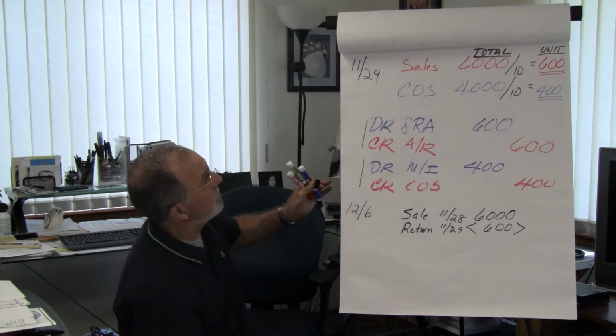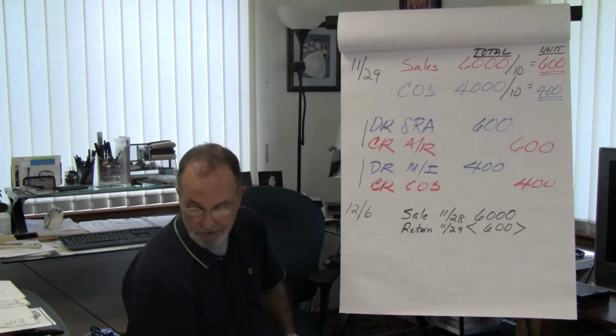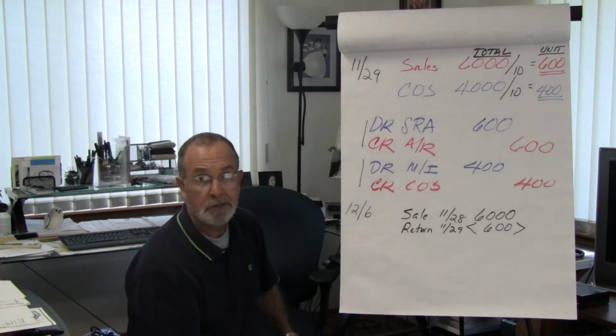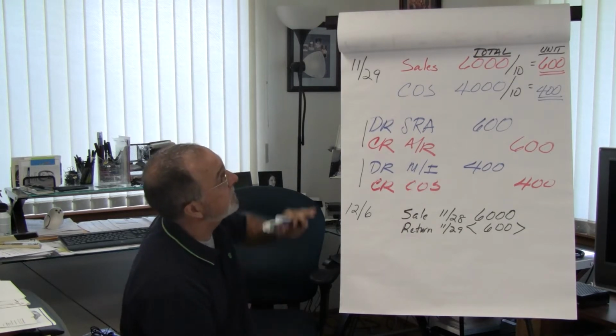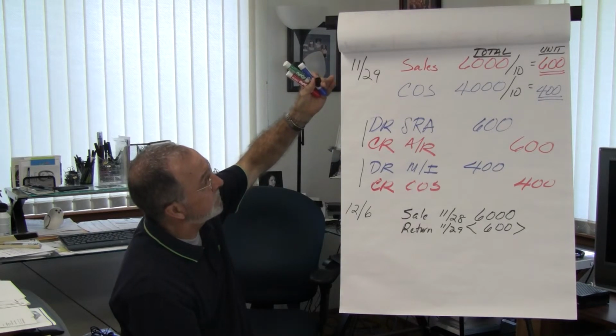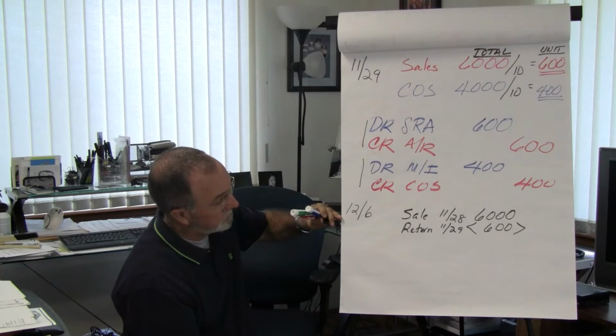And as you recall from the transaction, we didn't write it on the journal entry, but the transaction indicated that it was a credit sale, and there was a 3% discount if paid within 10 days. If we go back to the 28th and count forward, we would have 2 days to the 30th, and then another 6 days in December.